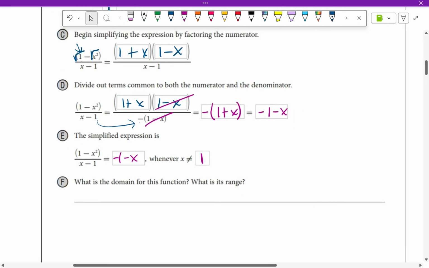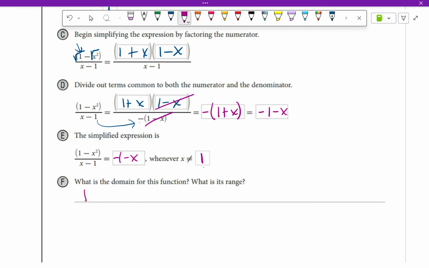Okay? Then it's asking me about the domain and the range for the function. The numerator and the denominator. The domain would be all the x values except this one. Okay, I'm not going to worry about range. Oh, range is going to be everything.